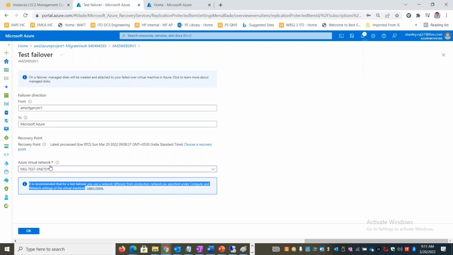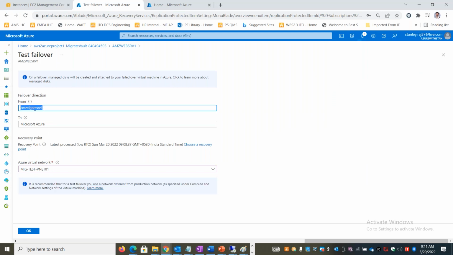Now I have selected where exactly it is coming from. This can be an Amazon machine, or this can be on-prem. Now we are replicating it to Microsoft Azure, and it says this is the latest recovery point we have got, Sunday, March 29. Which is very close now, only about 2.5 minutes of difference. You can also choose a different recovery point.